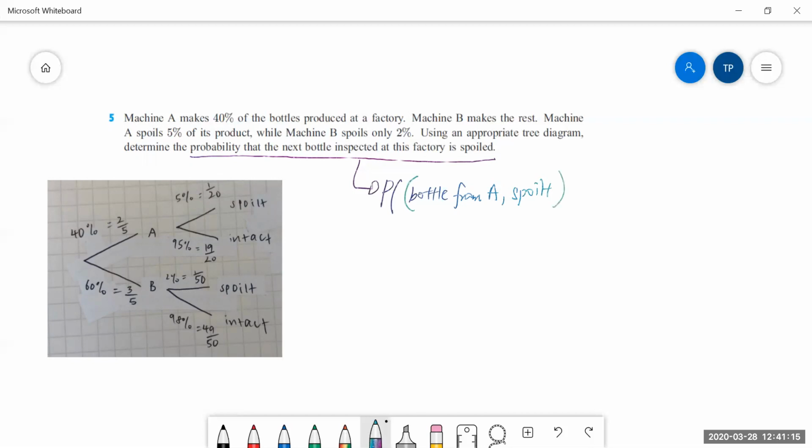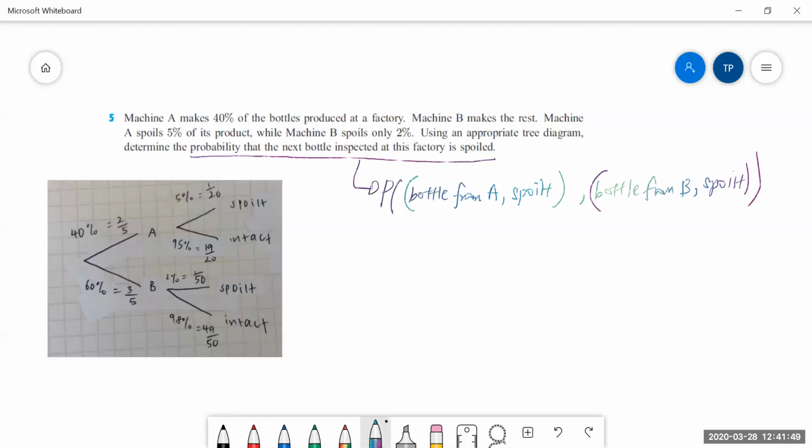And then we also want a bottle from B and also spoiled. So what's the probability of this happening? Do you think it's an and or an or?